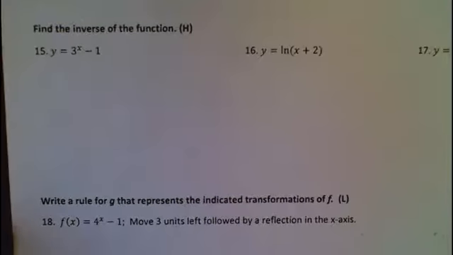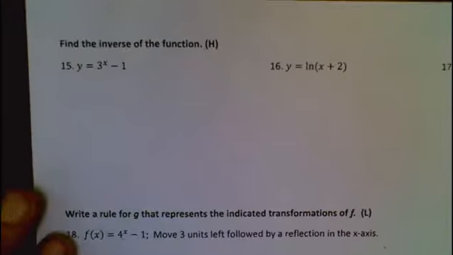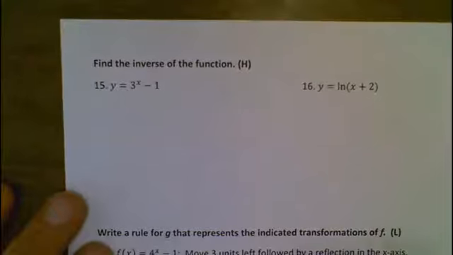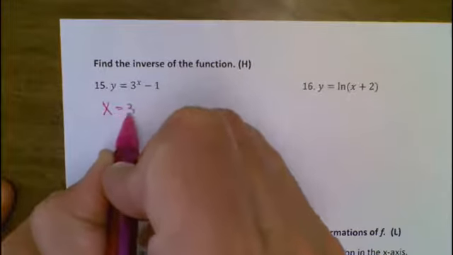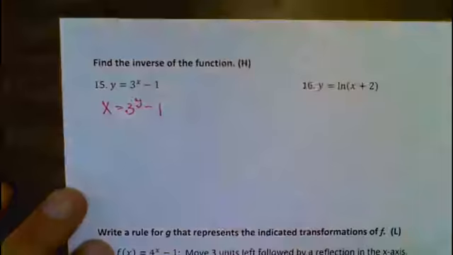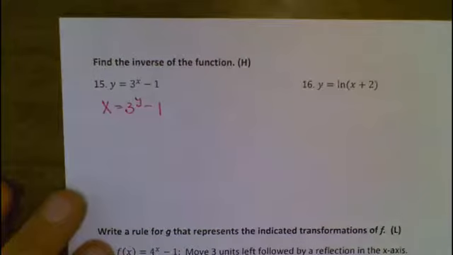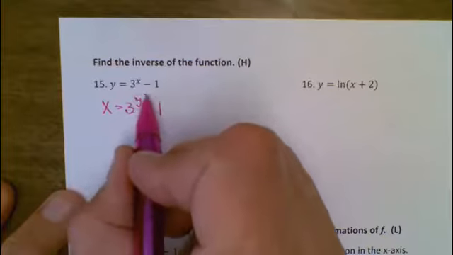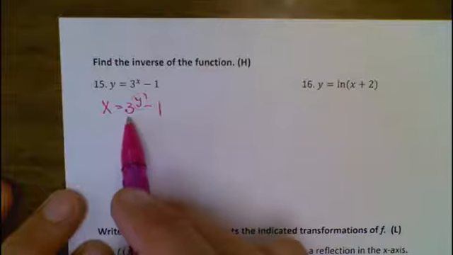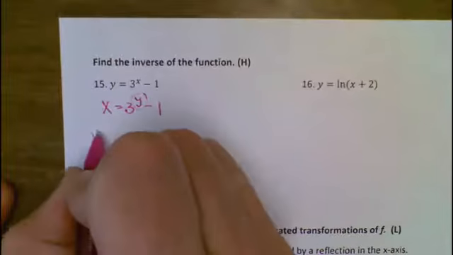On the back is the inverse. The inverse problems, remember, I give a point that you first just get it into, you switch the x and the y. That's what an inverse is. So I switch the x and the y. I now have to solve for y. So I need to get this 3 to the y by itself. So I add 1.